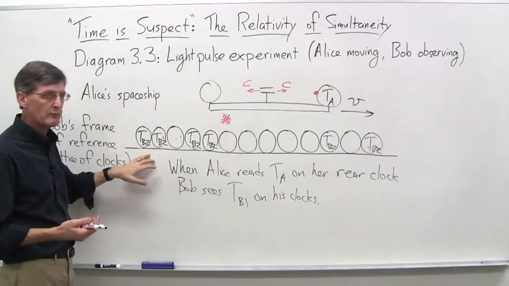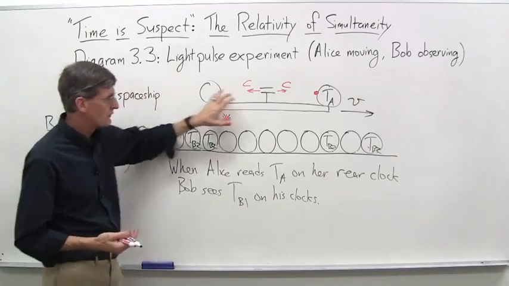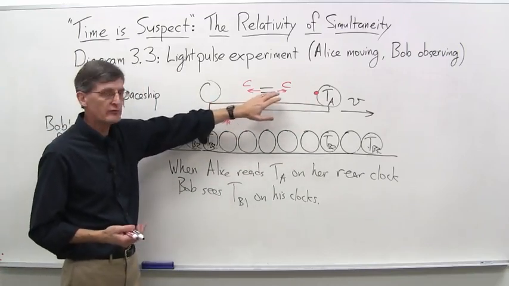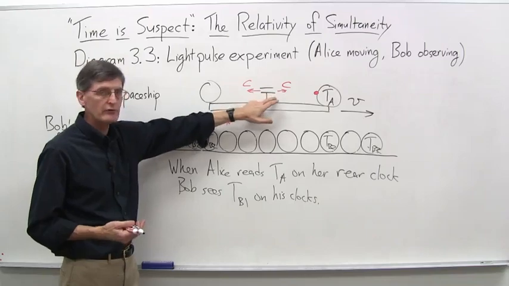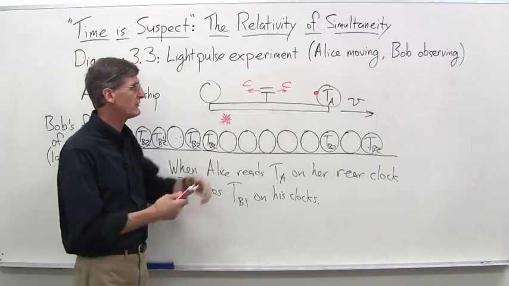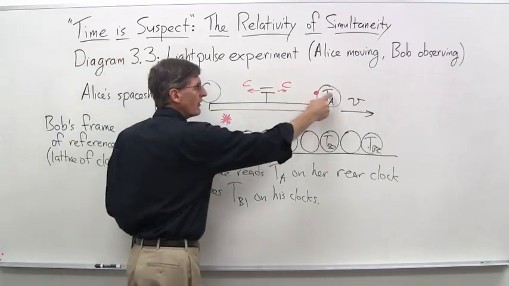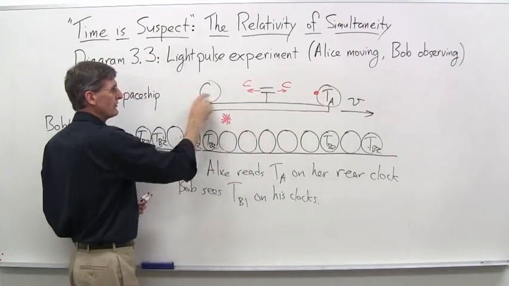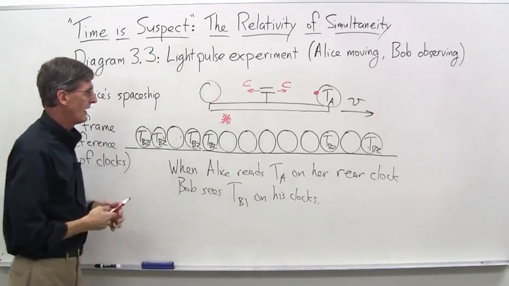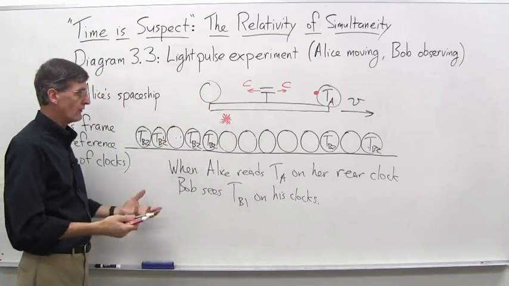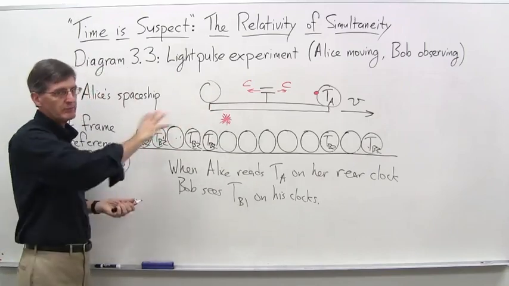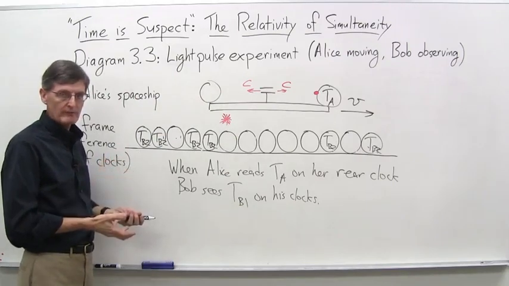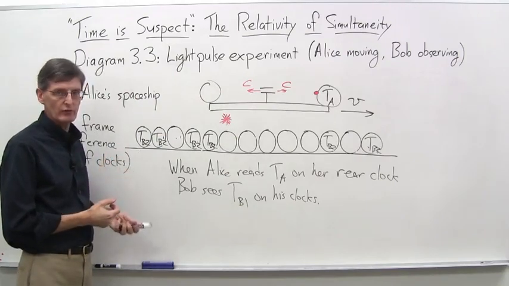And yet Bob, observing Alice going along here, observes the light pulses, but still, Alice observes them at velocity c, and Bob also observes them at velocity c, which means that this light pulse takes longer to reach that clock, which is moving away from it, than this light pulse takes to reach that clock as it's moving toward it. And therefore, that's where you get the differing opinions on whether the two light pulse hits on the clocks were simultaneous or not.